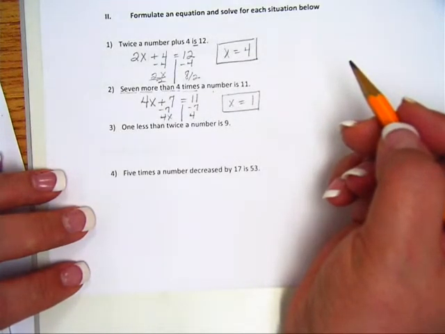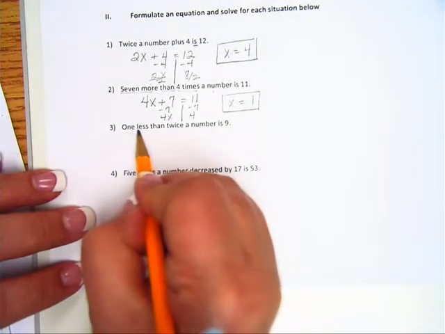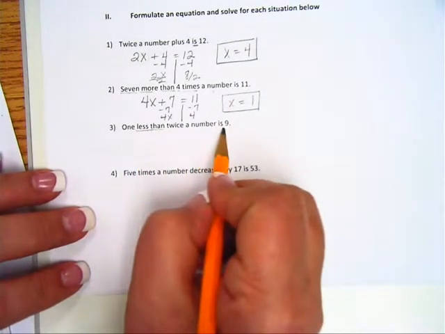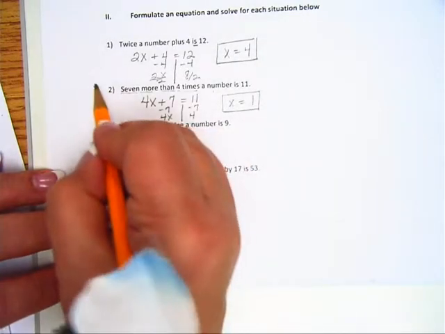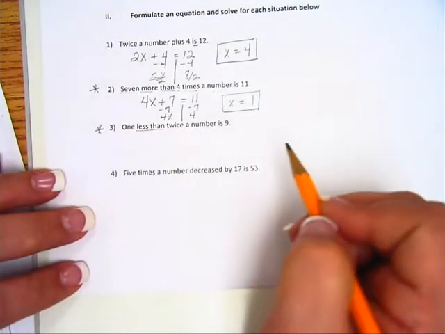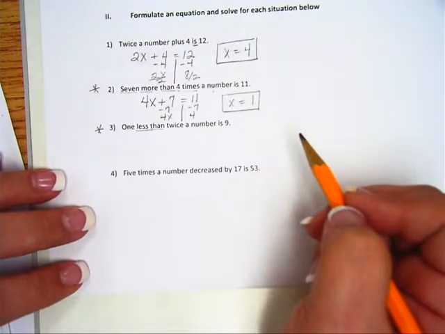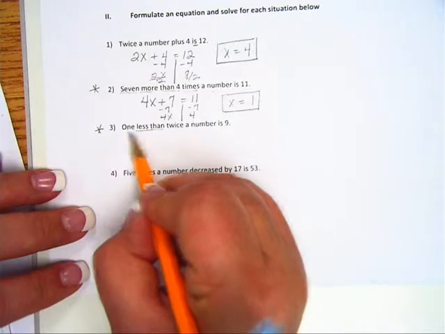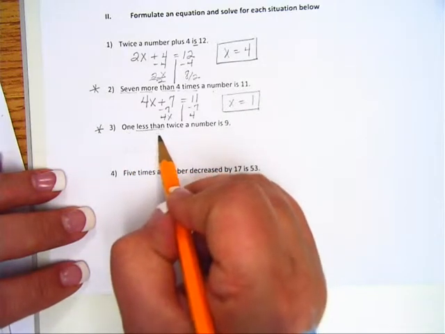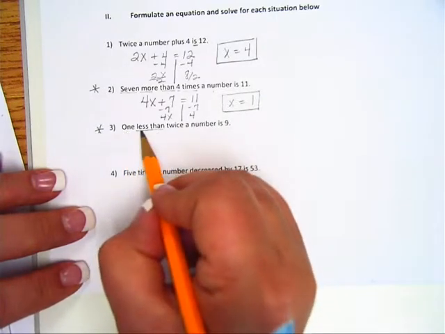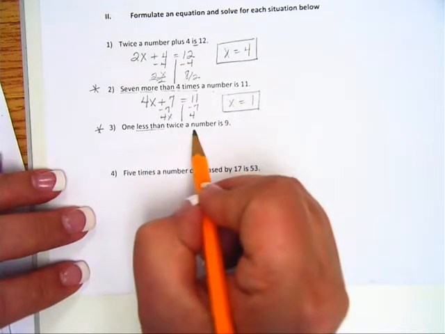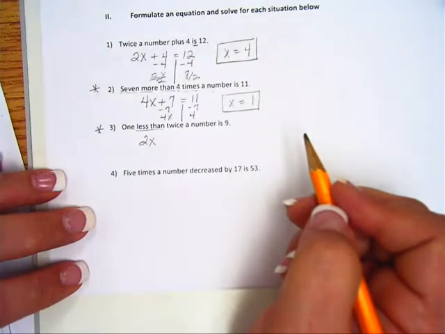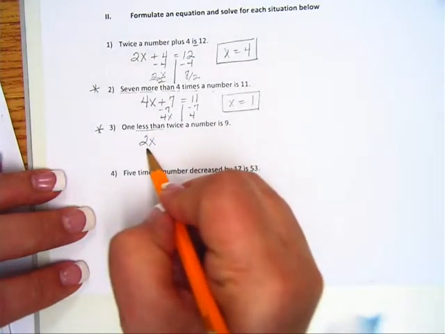Okay, next problem. 1 less than twice a number is 9. Now these are the ones that give you problems. I've noticed when it's more than or less than, you get confused as to which one goes first. It's not always the first thing that you see in the sentence. You have to read the sentence and understand what it's saying. This is saying 1 less than twice a number. So we've got to start with twice a number. Now, how do we get 1 less than 2x?